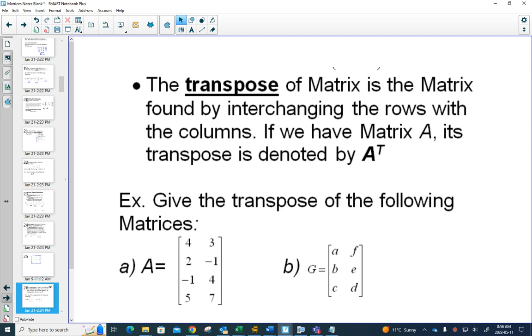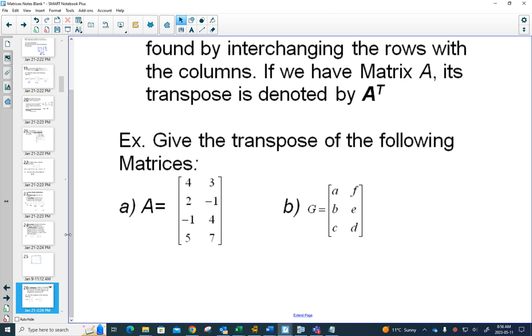The last of our definitions is the transpose of a matrix. The transpose of a matrix is you decide to take the matrix you have and switch the rows with the columns. So what I could do with matrix A here is I could write its transpose.